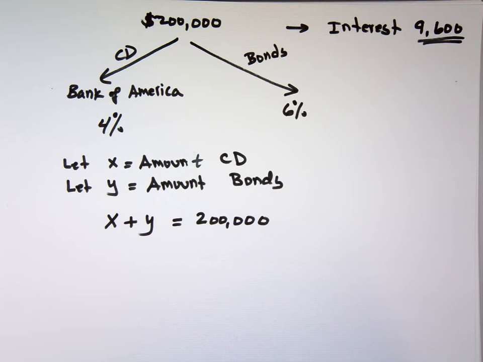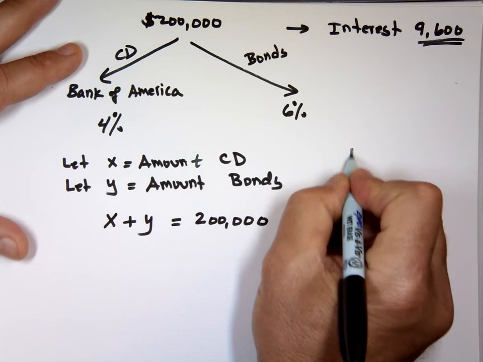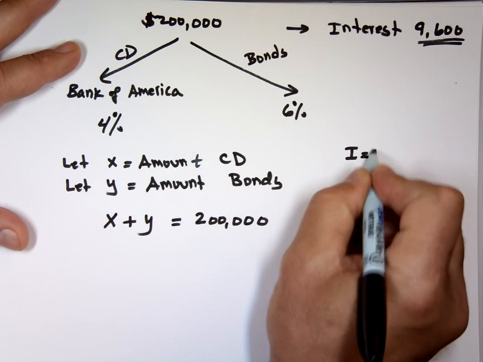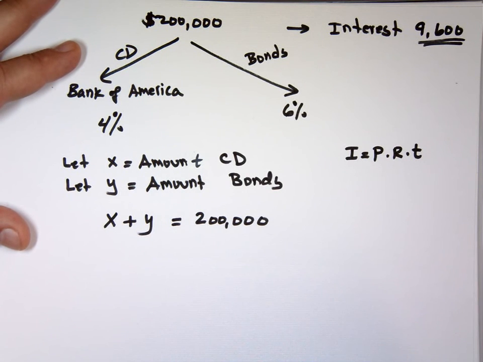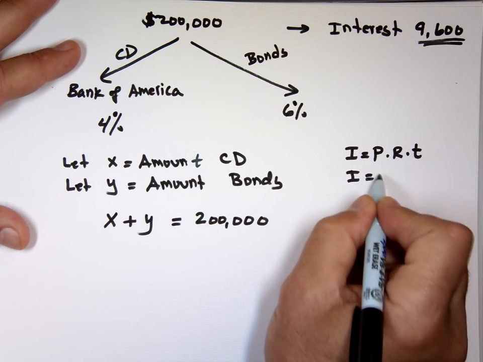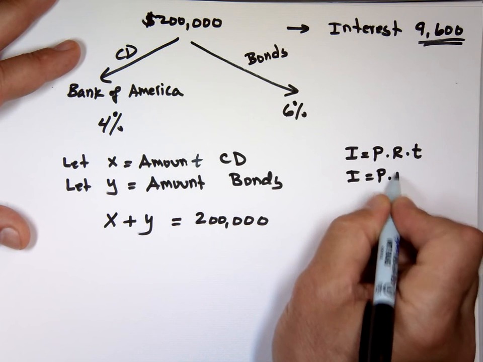Now, interest is principal times rate times time. Time here is going to be 1 year. Interest is the amount of money you put in times the rate, because T is 1.